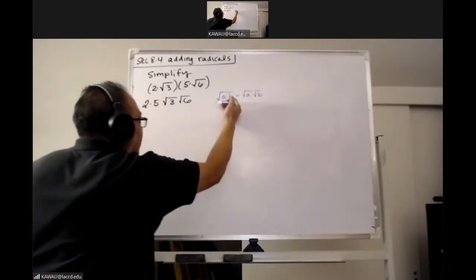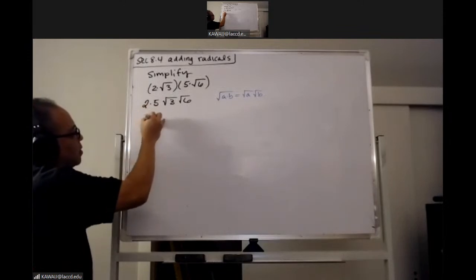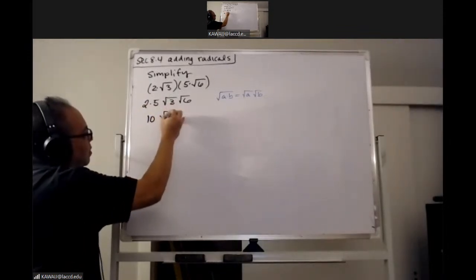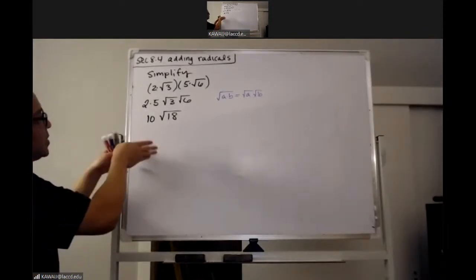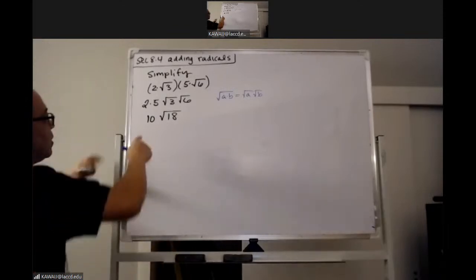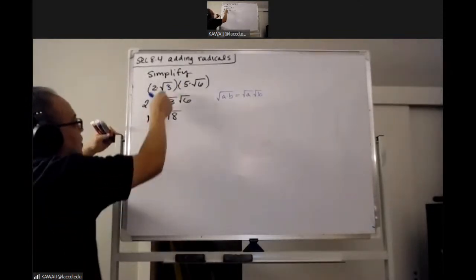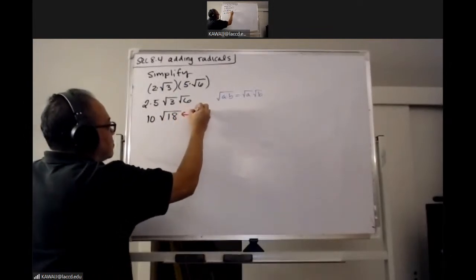But we can also go in the opposite direction. So the easy way to think about this is the inside times the inside, the outside times the outside, right? 2 times 5, 3 times 6.